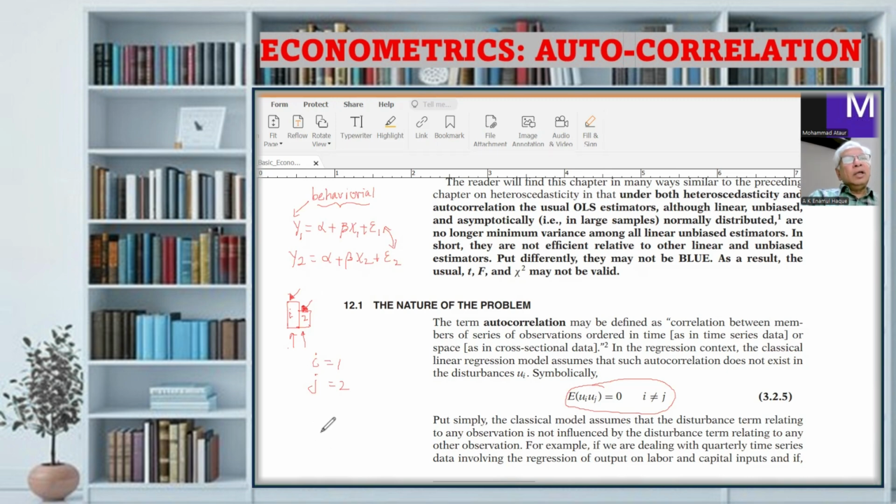Number two, think about over time. I'm talking about individuals. It is possible that two observations, two individuals, my behavior and my neighbor's behavior, may not be the same. I'm using the word may.